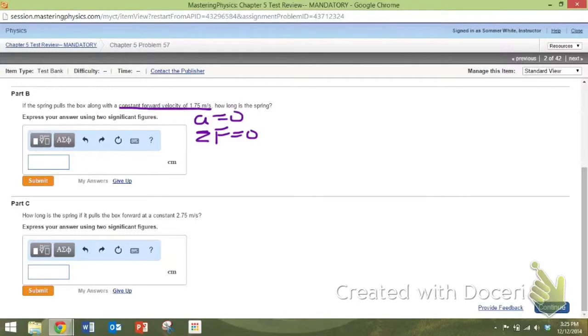As a result, we are looking at mu sub k equal to 0.45, plugging that into the equation that we found earlier, which was delta x is equal to mu times m times g all over k.